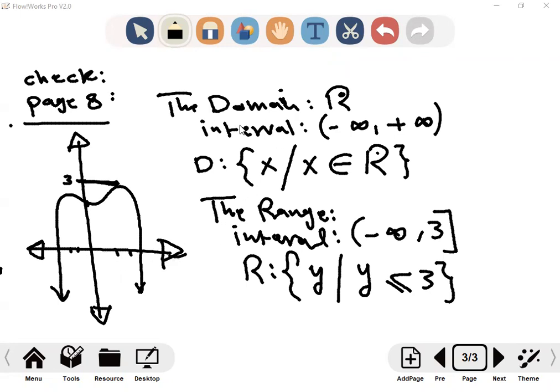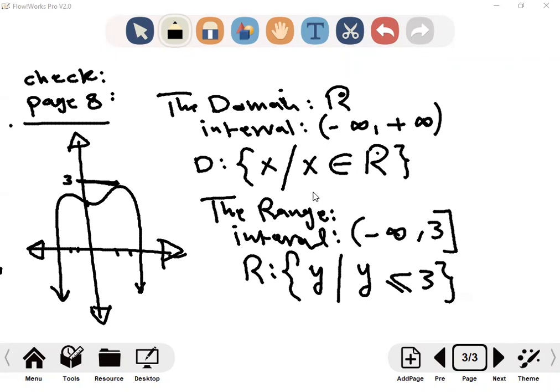So here, the interval for the domain from negative infinity to positive infinity. Don't write from positive infinity to negative infinity. No, we go from left to right for the domain, and for the range from down to up, okay? Fine. Now, for the domain also, I can use the set builder, x such that, which x? X should be where? R belongs to the real numbers.